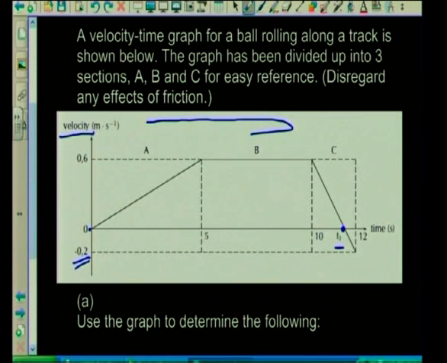Okay? Use the graph. Use the graph. Please, grade 10s, I'm begging you. When you get questions like this, often you may use the graph or equations of motion to solve the problem.